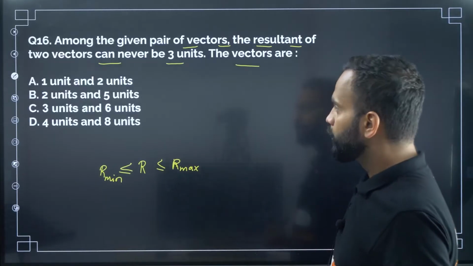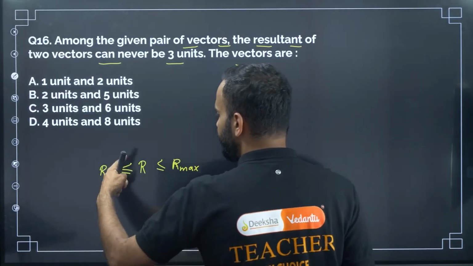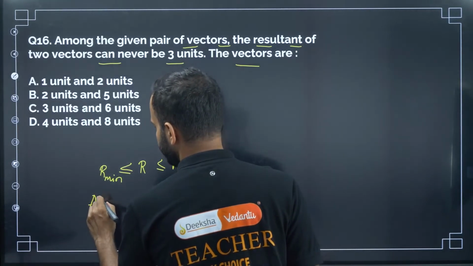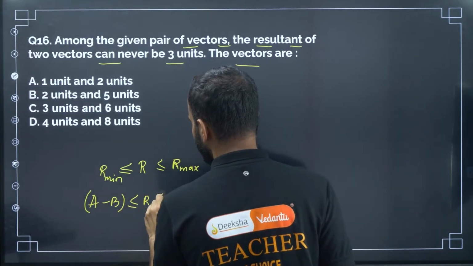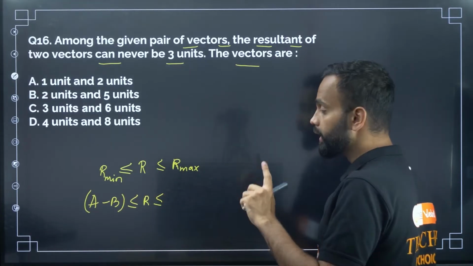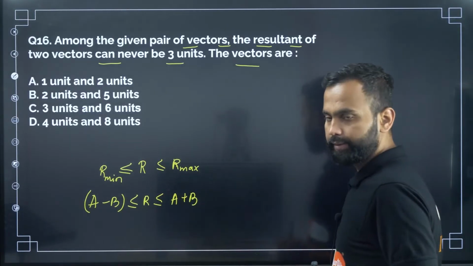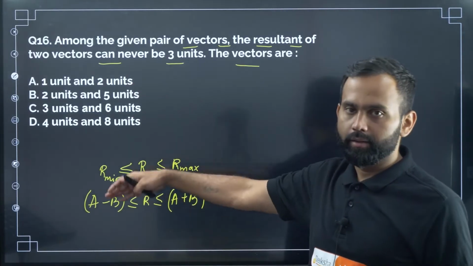There are two vectors, let's say A and B. The minimum value of the resultant of those two vectors will be A minus B, and the maximum value of the resultant will be A plus B. Now check.